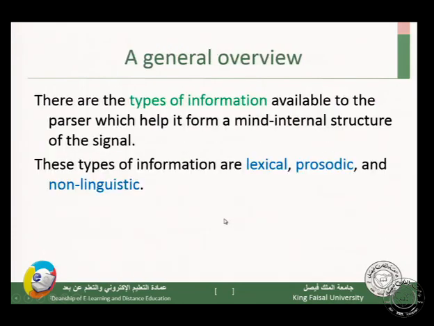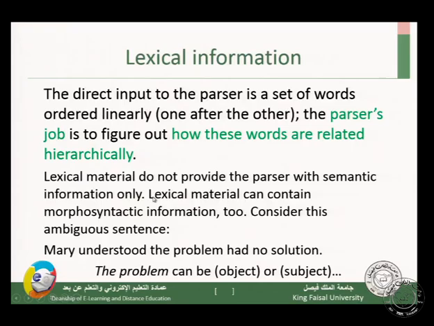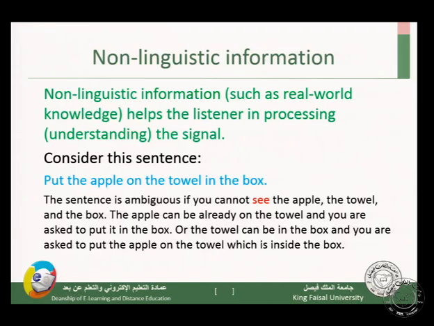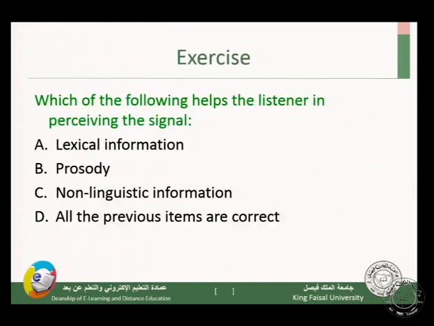We can see in today's lecture that these three types of information are all helpful for you to understand spoken texts. As you are listening, as you are perceiving the signal, all of these three are useful. So the answer is D. All the previous items are correct.